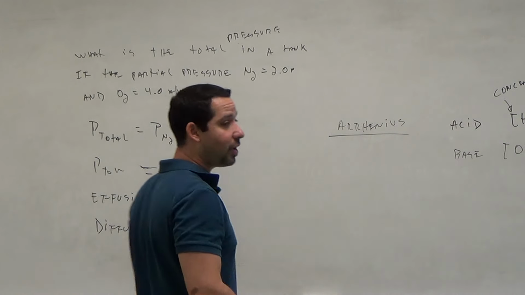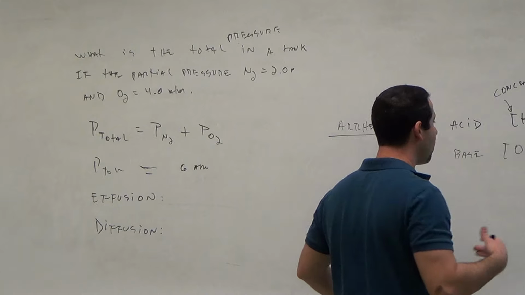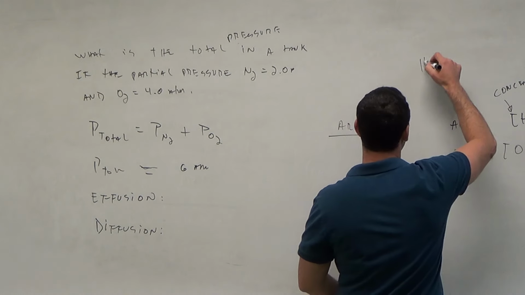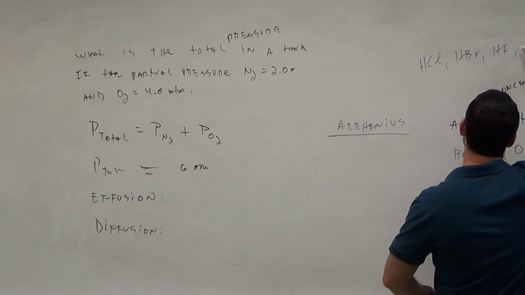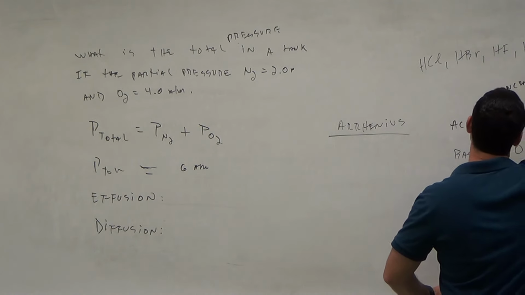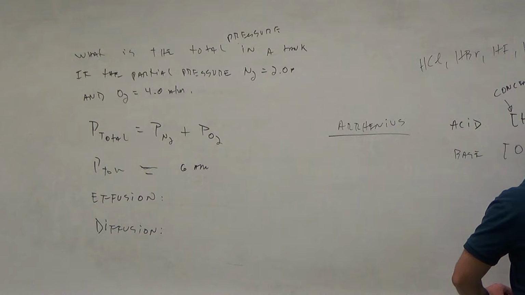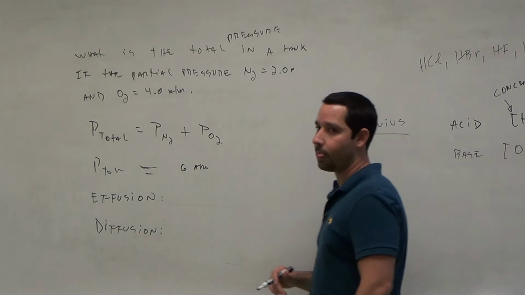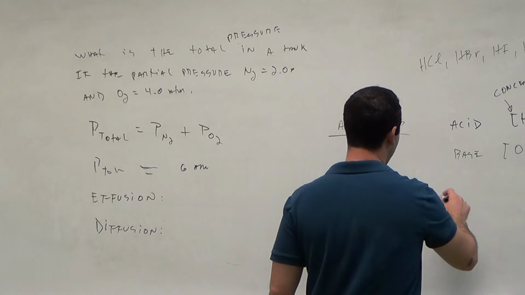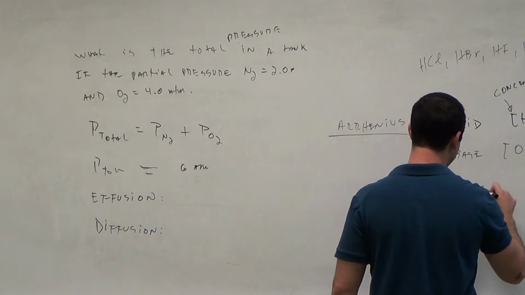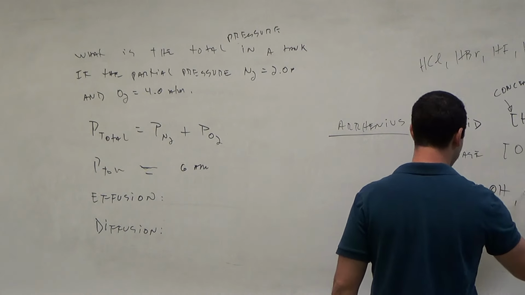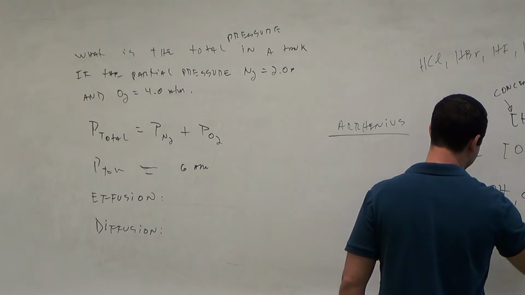What are examples of acids that I gave you before? Those are Arrhenius acids: HCl, HBr, HI, H2SO4, HNO3, HClO3 and HClO4. So all strong acids. And bases are things that are metal hydroxides: sodium hydroxide, potassium hydroxide, calcium hydroxide.